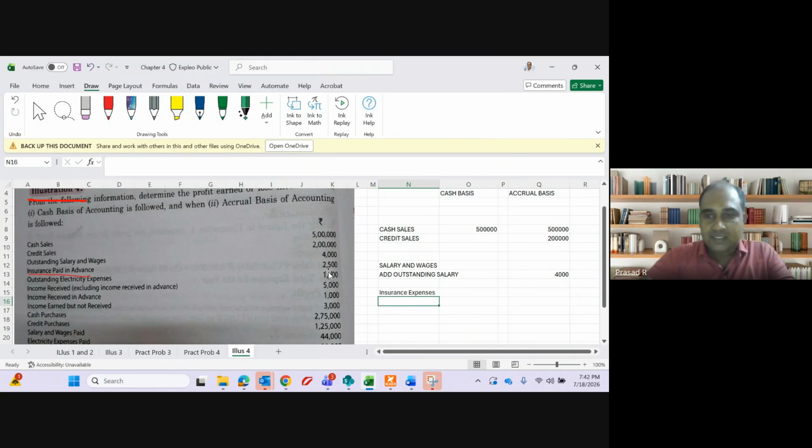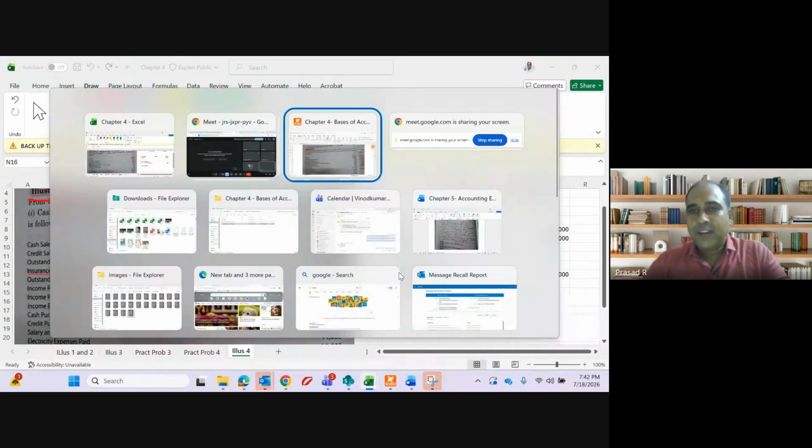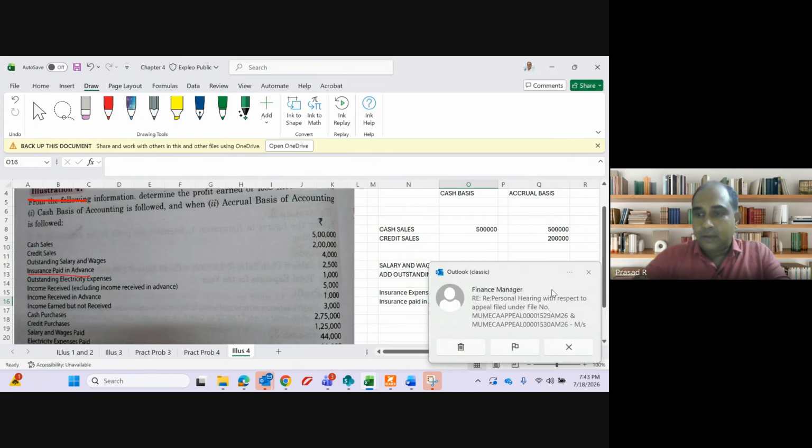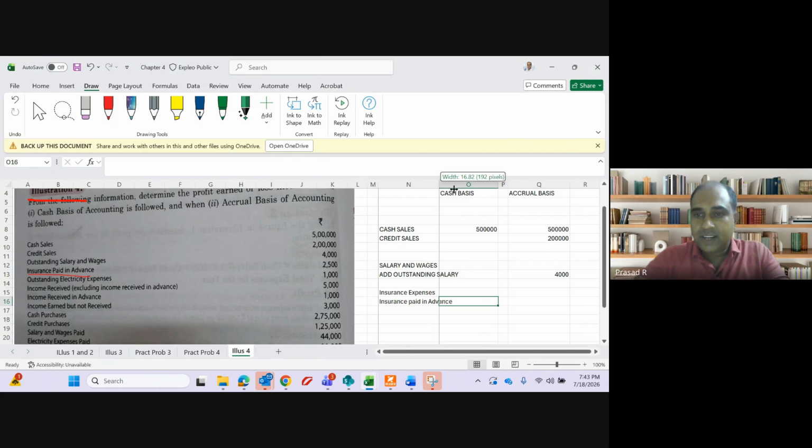Insurance paid in advance. In case of cash basis, we are not bothered whether it is paid in advance related to current year or future year.